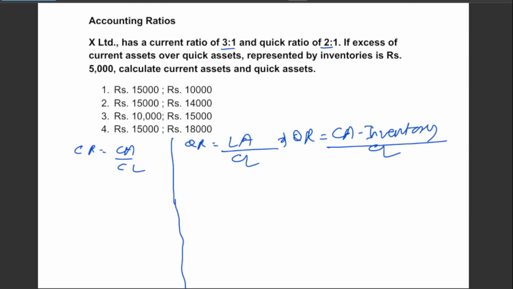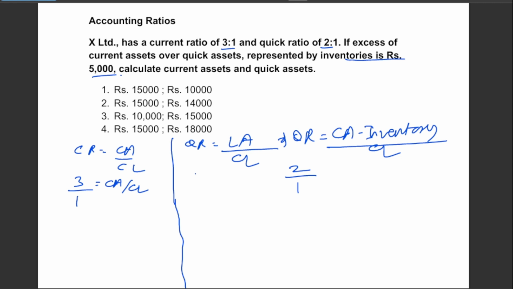3:1 and 2:1. So current ratio is 3/1 and liquid ratio is 2/1. Inventory is given to be 5,000.